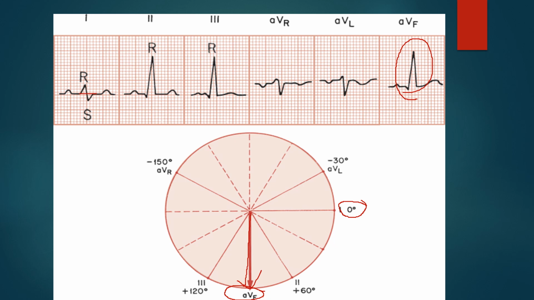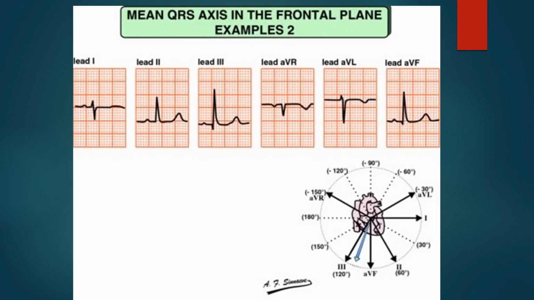In this method, we can even correct our axis calculation by adding or subtracting 15 degrees. If the lead is not totally equiphasic, it is mostly equiphasic, and there is some more positive or more negative deflection, we will travel 15 degrees towards the positive or negative pole.